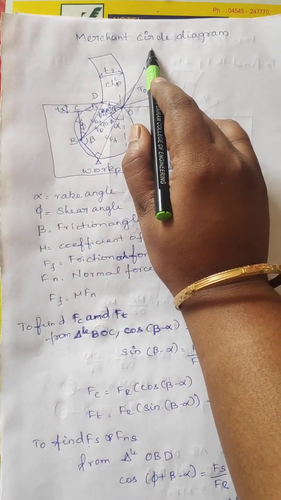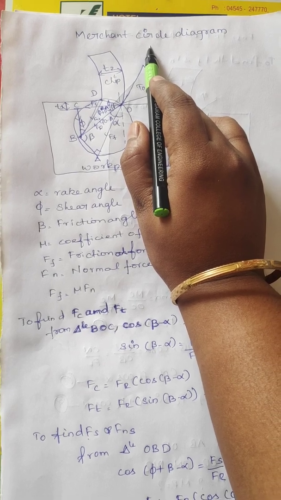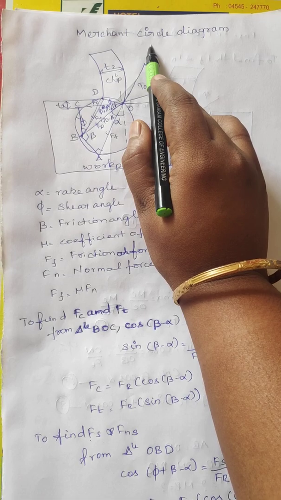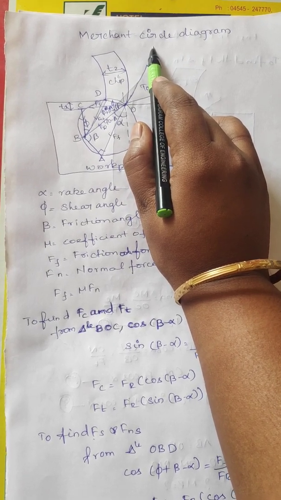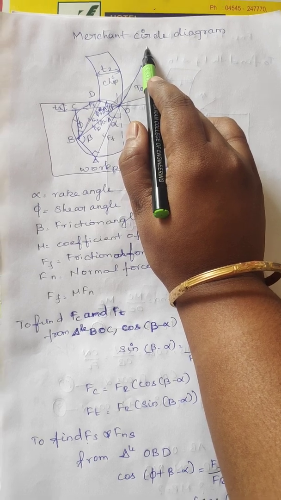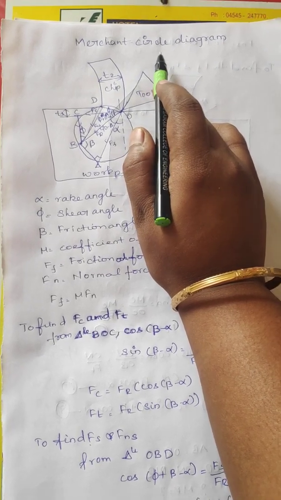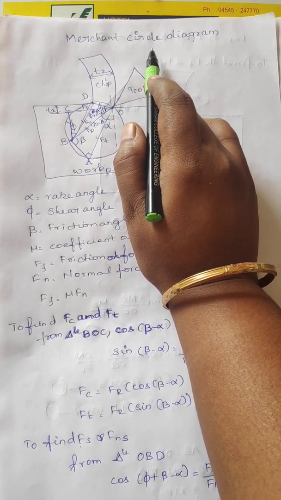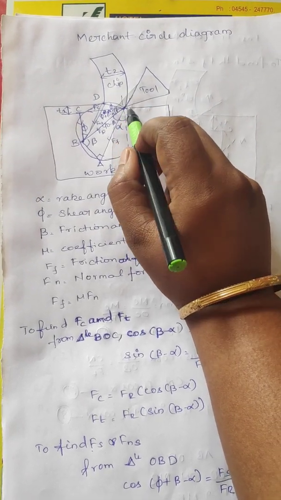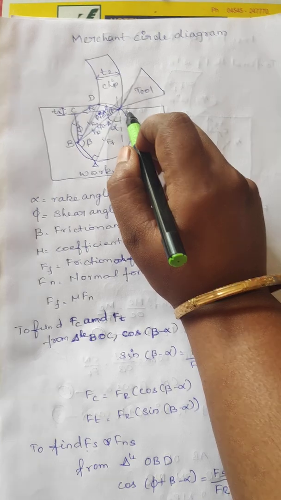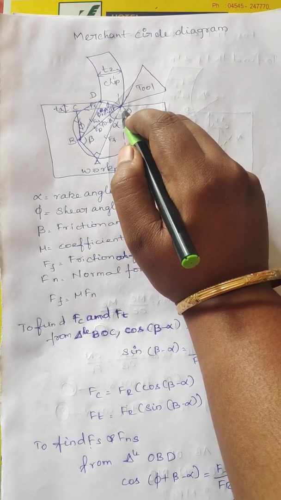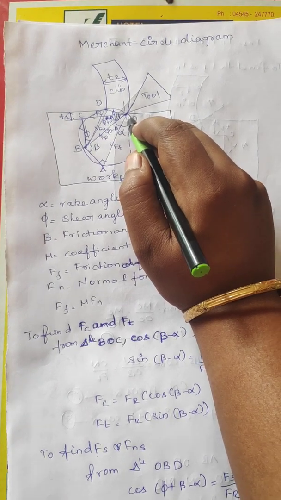Hello everyone. Today we will be seeing about Merchant circle diagram derivations to calculate the various forces acting on the workpiece. Before that, we need to know why we need this derivation. During the machining process, when the tool moves against the workpiece, the material shears off as a chip, and at that time there will be a lot of forces acting on it, like thrust force, friction force, and normal force.